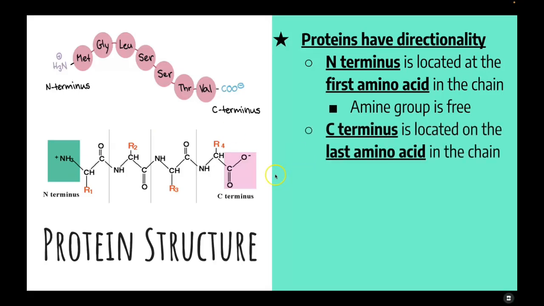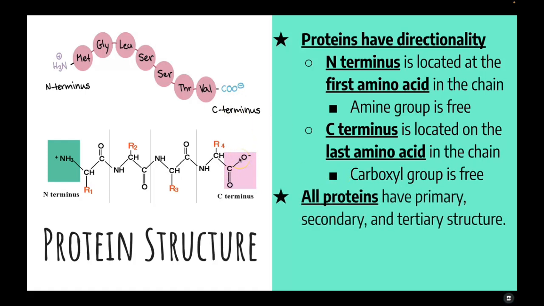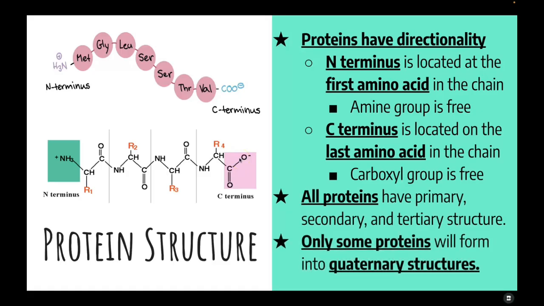And so now we also have our C terminus over here. So remember, this is our start, and then this is our end. Again, the N terminus has your first amino acid, and your C terminus is going to have your last amino acid. And so the carboxyl group is free. So carboxyl is represented by COOH. And so all proteins have a primary, secondary, and tertiary structure, but only some proteins will form into quaternary structures.